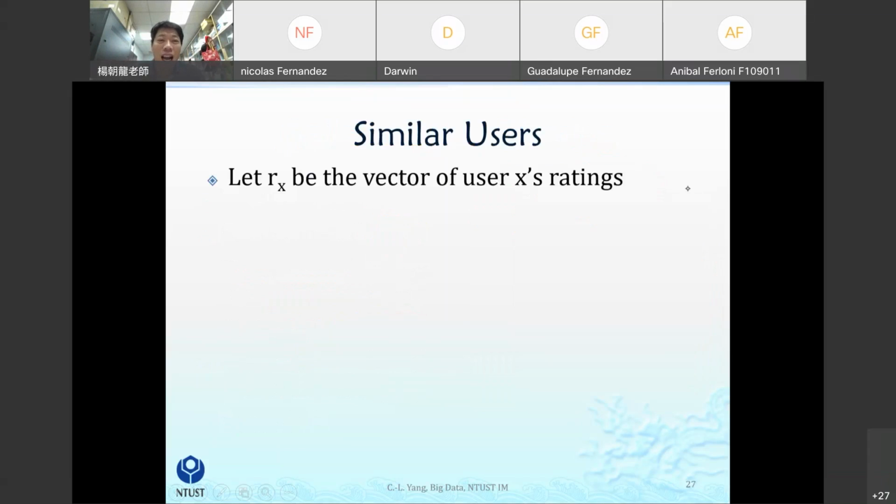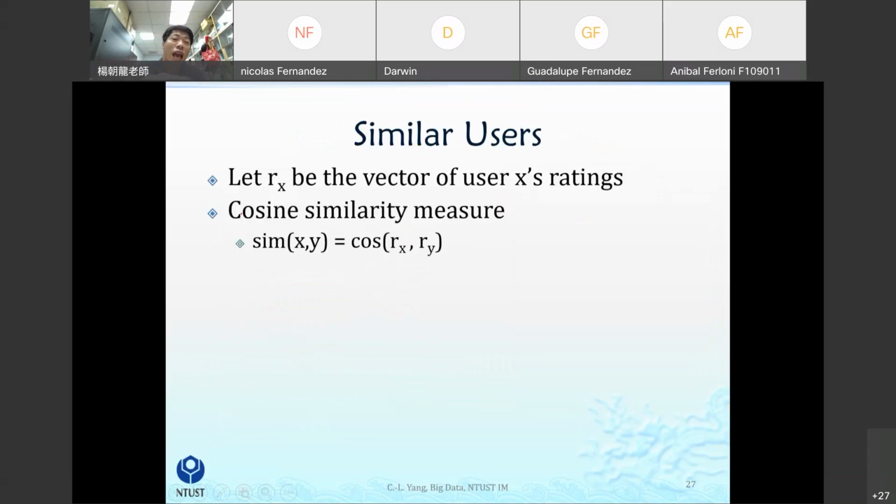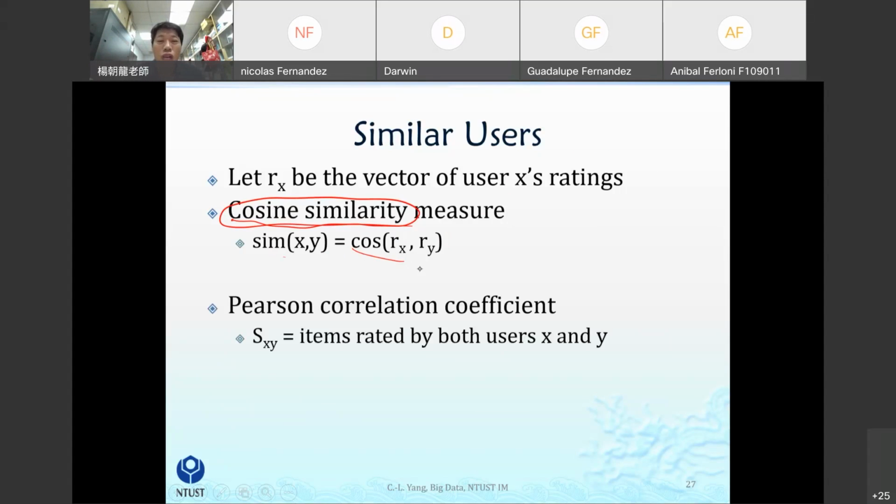So let Rx be the vector of customer ratings. Then again, we can use the cosine similarity measure to check whether another person's ratings are similar to this person's ratings. Or we can use the Pearson correlation.